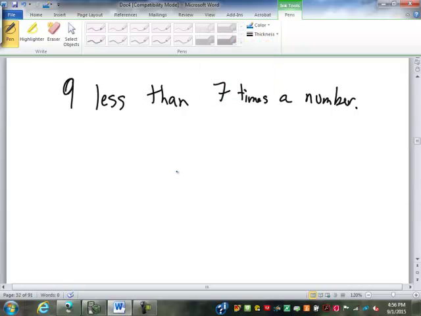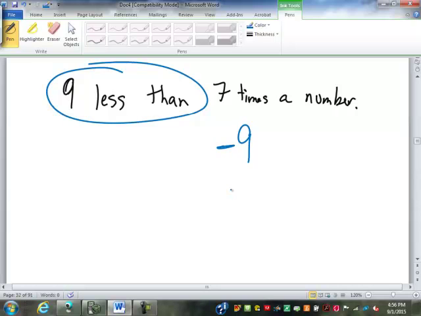Well, 9 less than means what? Minus 9. 9 less than means 9 is being subtracted from something. So subtracting 9 from 7 times the number. So 7x, 7n, 7y, 7p, however you want to put it. 7x minus 9.